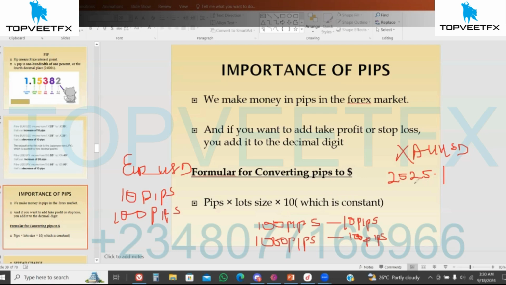Now, let's look at it here. Let's say this is the current price of gold, and you want to create your stop loss. Let's say you want to add 40 pips. You write 4 here, 0.0. That means 2529.1. Now let's say I want to add 4,000 pips to this price.